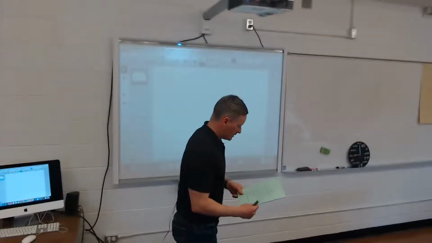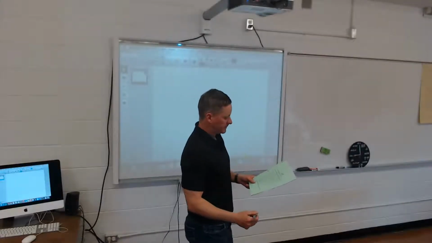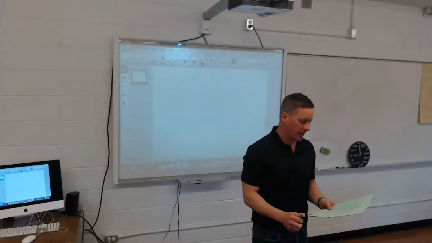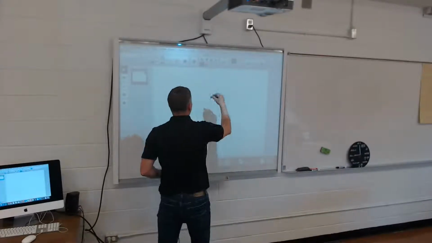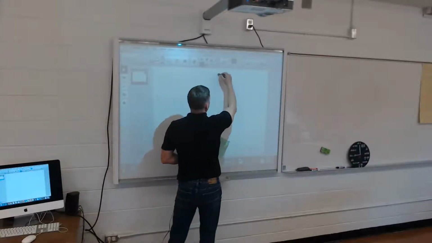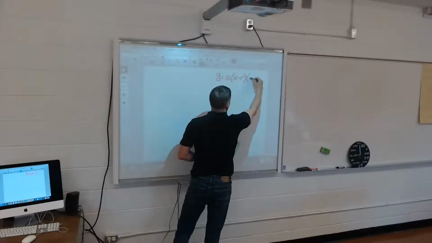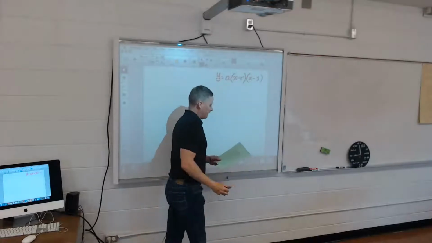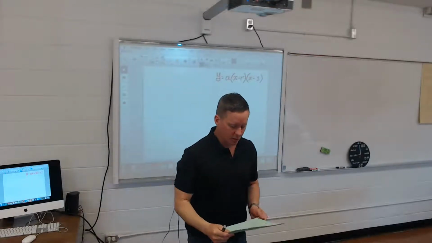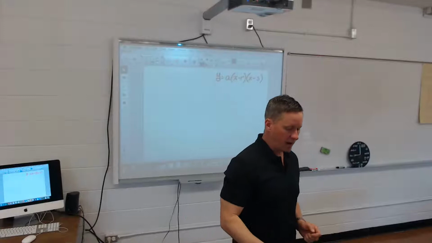So the first question was: the graph of the reciprocal represents the reciprocal of which quadratic function? All right. So what I did in this question is I understood that there were asymptotes at -2 and +1.